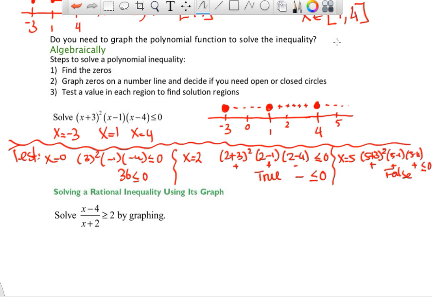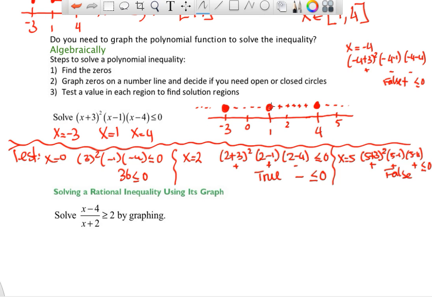And then I'm almost out of room, so I need to check one more. So let's check -4. -4 plus 3 squared, that's still a plus. -4 minus 1, that's a negative. And -4 minus 4, that's another negative. And two negatives make a positive, so a positive is not less than or equal, so that's false again, so I get negatives again.